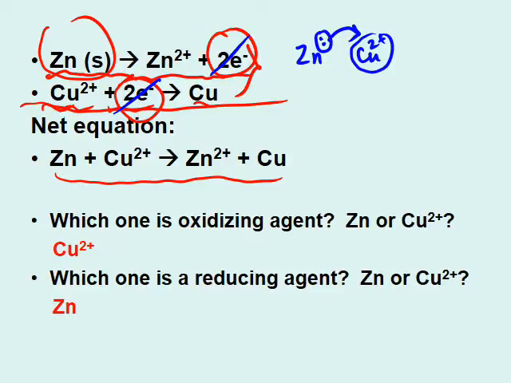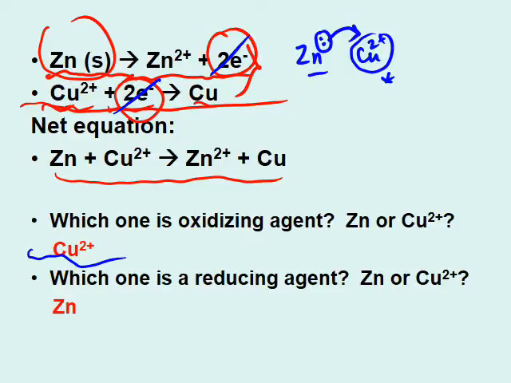The question is, who is helping zinc in throwing off electrons, or in loss of electrons? The obvious answer is copper 2 plus. If copper 2 plus were not there, there'd be no loss of electrons from zinc. So copper 2 plus is helping in the oxidation process. That's why copper 2 plus is the oxidizing agent.